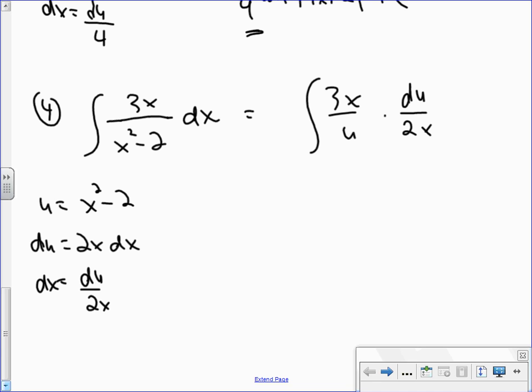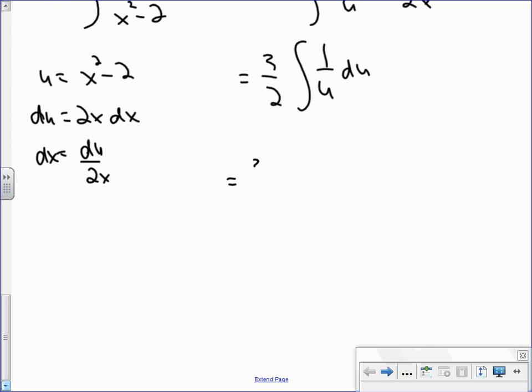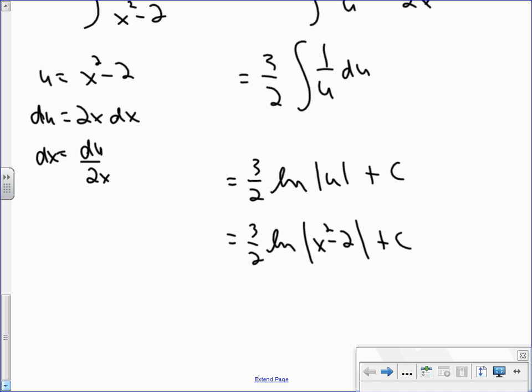You be the judge of when you need it. The x's are going to cancel out, and I get it pretty fast. Questions? Good. Okay, so this is going to give us 3/2 the ln of the absolute value of u. And then we substitute in the ln of the absolute value of x squared minus 2.